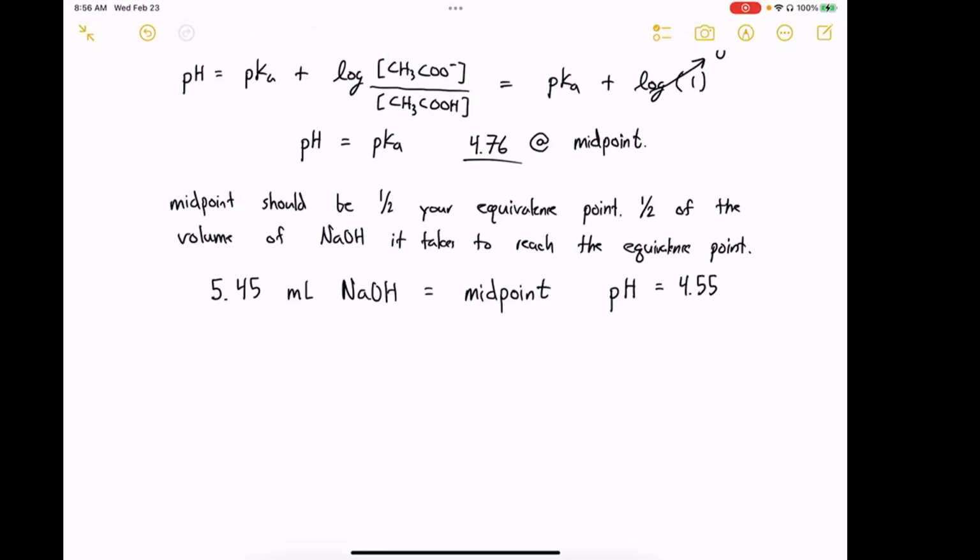So at the midpoint, our concentration of acid, remember, we're now going to calculate it this way.